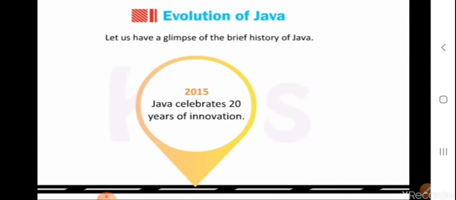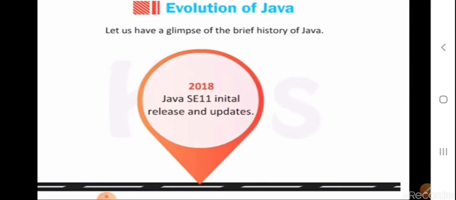You know why? Because Java was formally released in the year 1995. In the year 2018, Java SE 11 initial release and updates were released.